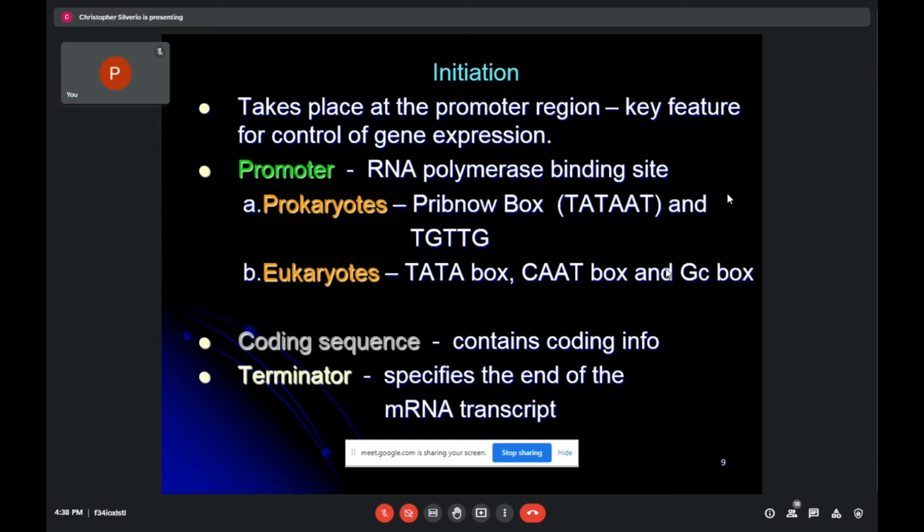That means that when the RNA polymerase reaches the terminator sequence, transcription will stop.